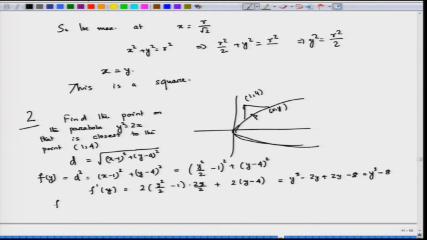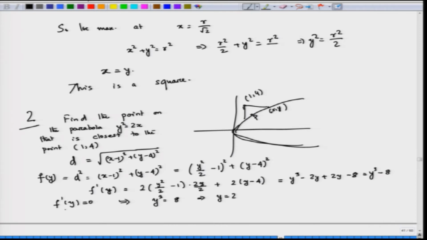So, f prime of y equal to 0 will imply y cube minus 8 equals 0, so y is equal to 2.